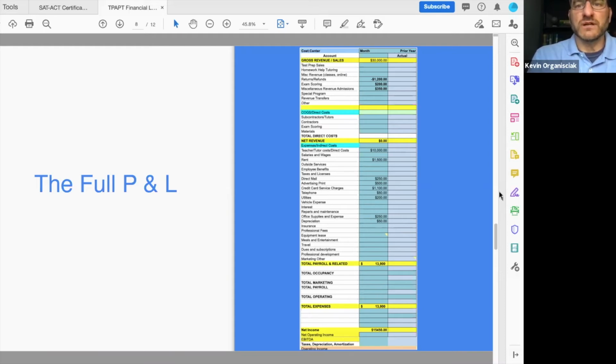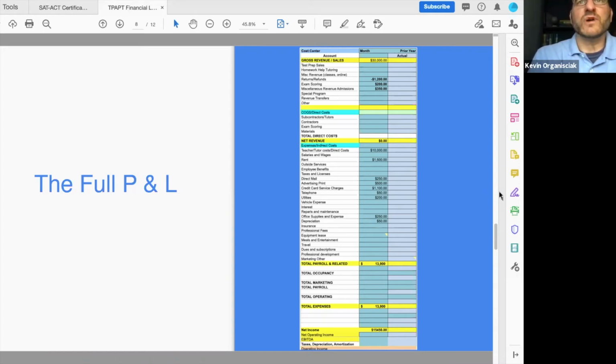So you want to look through each line item. This is a matter of practice. You want to look through each line item, review it for accuracy, and then compare it to the prior year to see how you did. So a column that isn't in existence here, one more column to the right, would be sort of a plus or minus versus prior year.